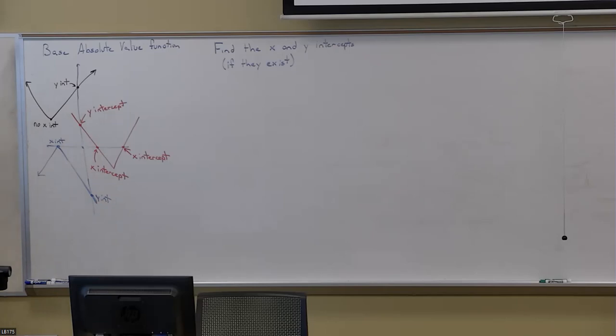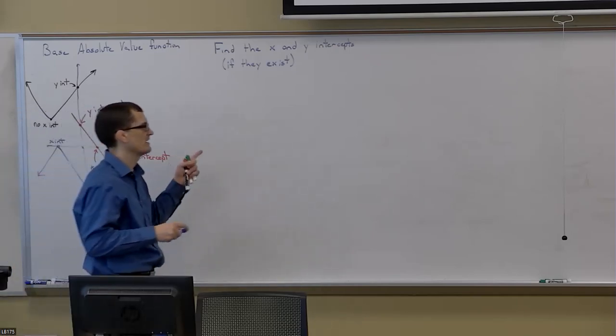So you can have no x-intercepts, two x-intercepts, or one x-intercept in absolute value functions. But every absolute value function is going to have a y-intercept. So that's why I say if they exist.